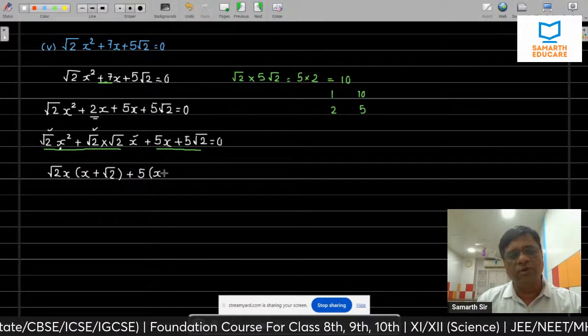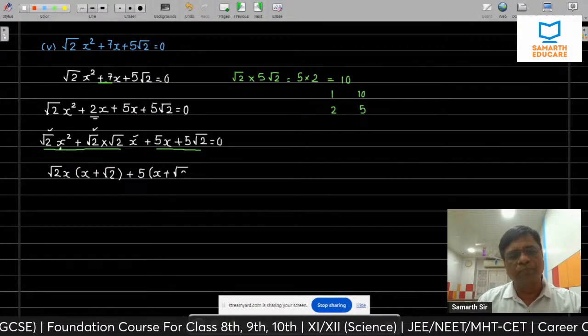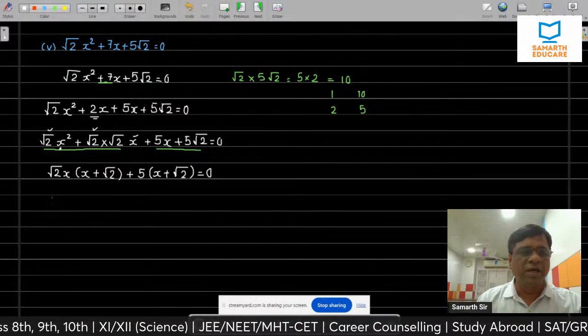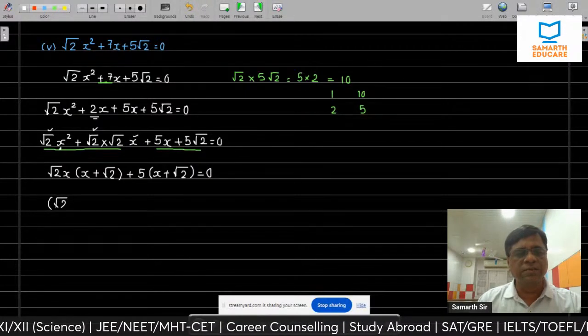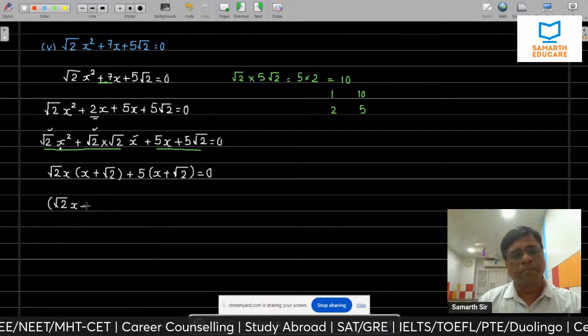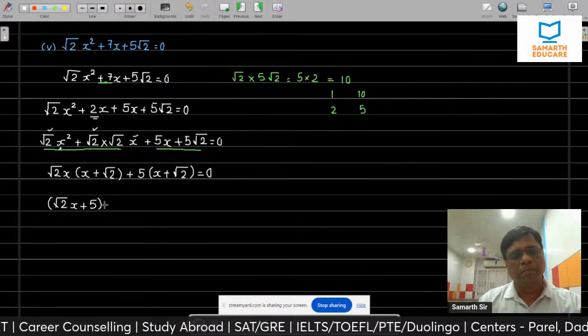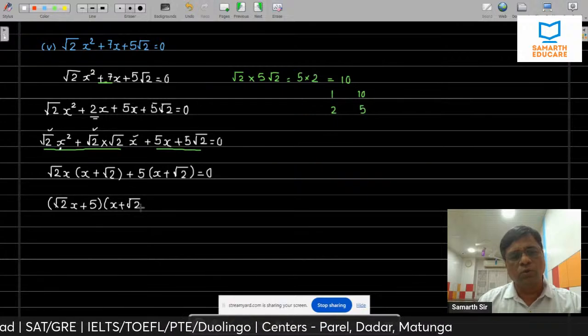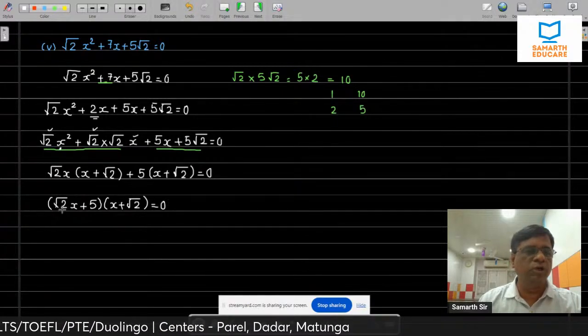Inside the bracket it will be x plus root 2 is equal to 0. Remaining part is very simple. Here we get root 2 x plus 5 and x plus root 2 is equal to 0.